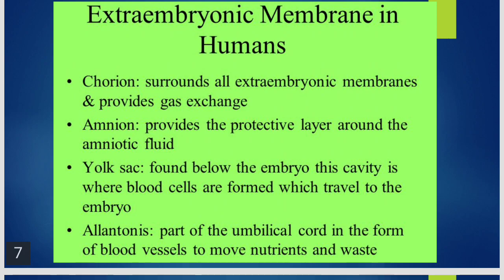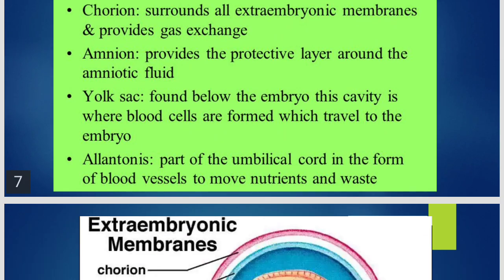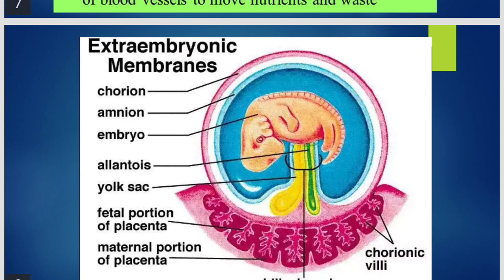Now, first I will show you how these membranes look. These membranes are like this. Extra embryonic membranes. Can you see the chorion? The outer membrane, then the amnion filled with the amniotic fluid in which the embryo is present, the allantois, and the yolk sac.